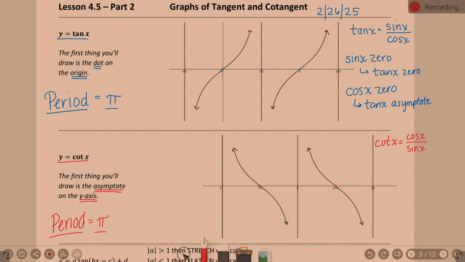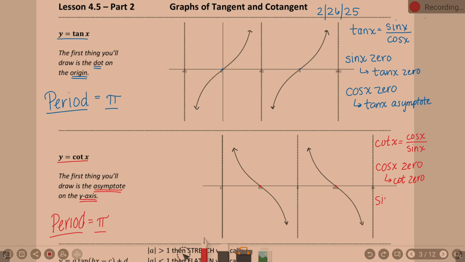Well, what this changes, since cosine is on top, anytime cosine equals 0, this fraction equals 0. So a cosine 0 is going to result in a cotangent 0. Any place cosine would cross the x-axis, that's where cotangent would cross the x-axis.